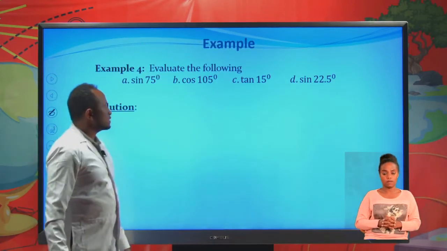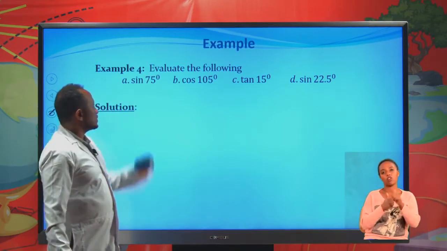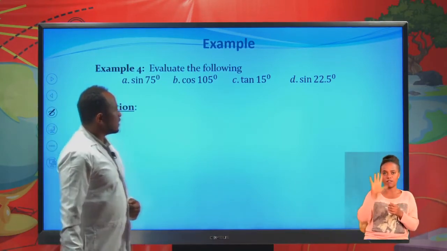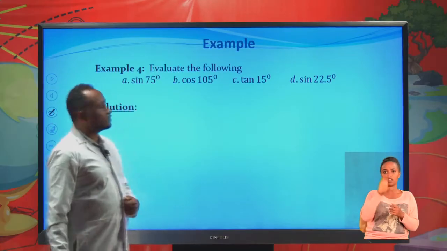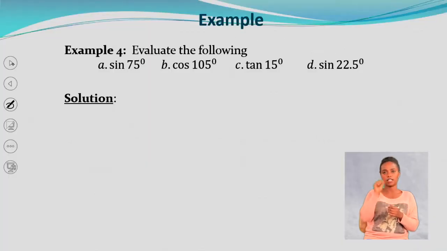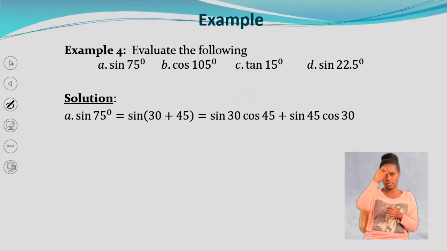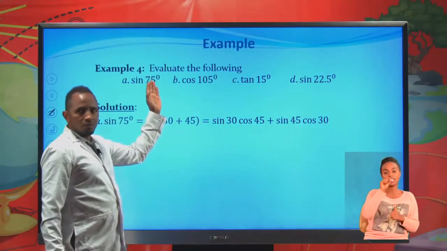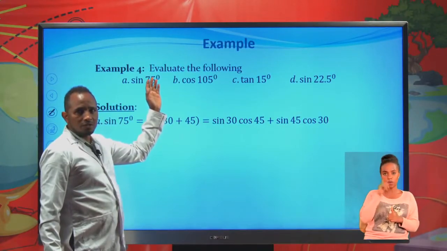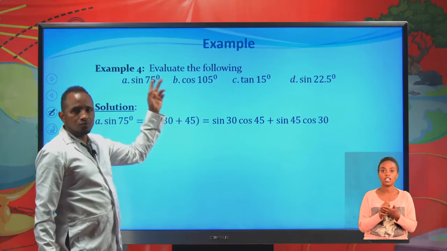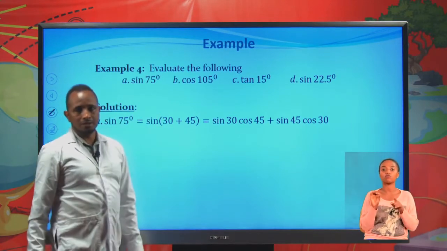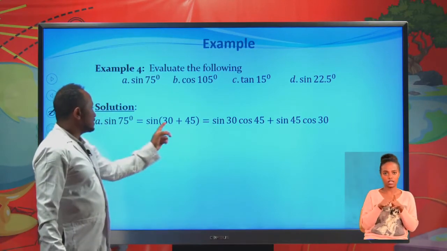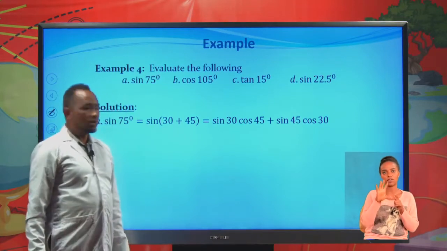So here it says evaluate the following: sine 75, cos 105, tan 15, sine 22.5 degrees. Let's start from this one. To find sine 75, we need to write 75 as the sum or difference of two special angles. So sine 75 can be written in this form: sine of 30 plus 45.